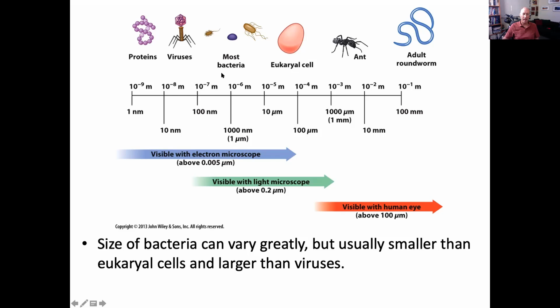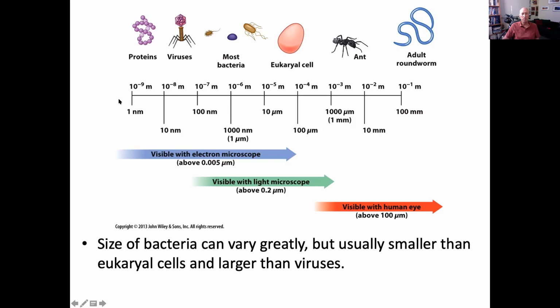And then in that range, now you're starting to get into the range of viruses. Viruses go down to about maybe 10 nanometers for a very small virus, because now you're getting into the size range of macromolecular complexes like ribosomes. And then down below that, you're getting into the range of individual proteins and ultimately down into the atomic range.